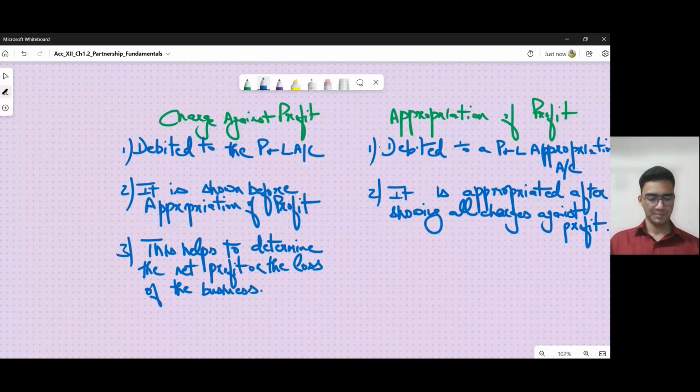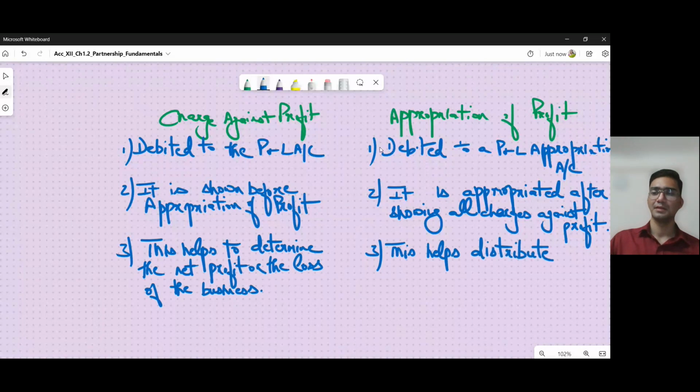Okay. And the appropriation of profit, what does it help you to do? This helps distribute the net profit among the partners.